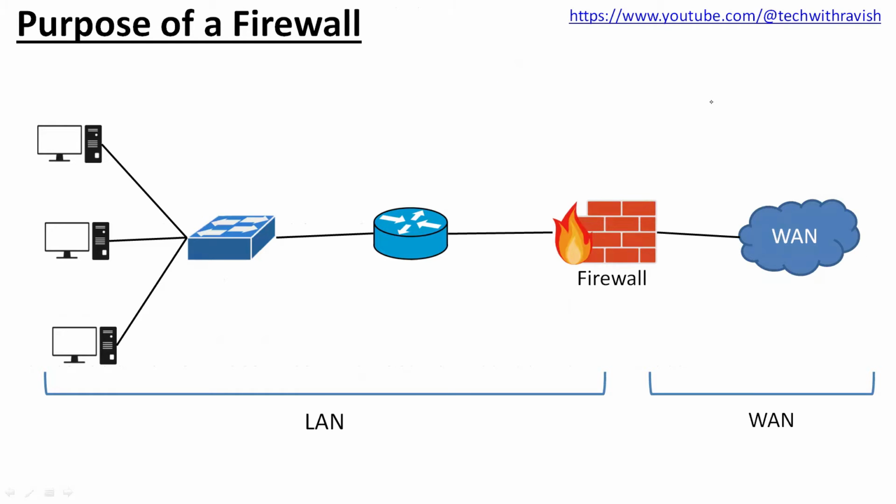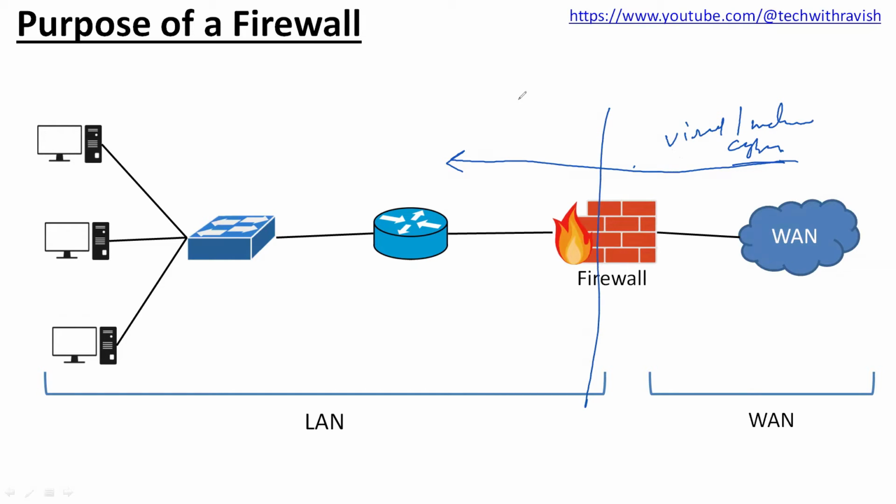The firewall filters the traffic coming from the wide area network. In that traffic, there can be a virus, malware, or any cyber attack. All of these will be prevented by the firewall by filtering the traffic.